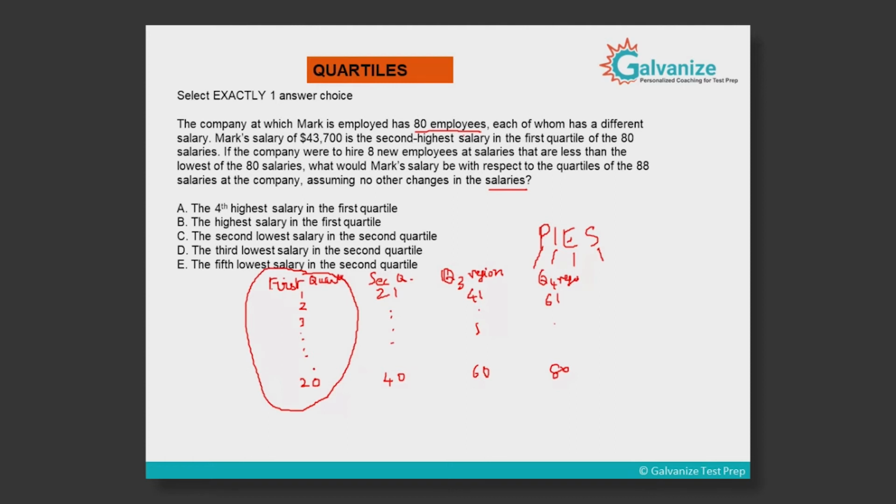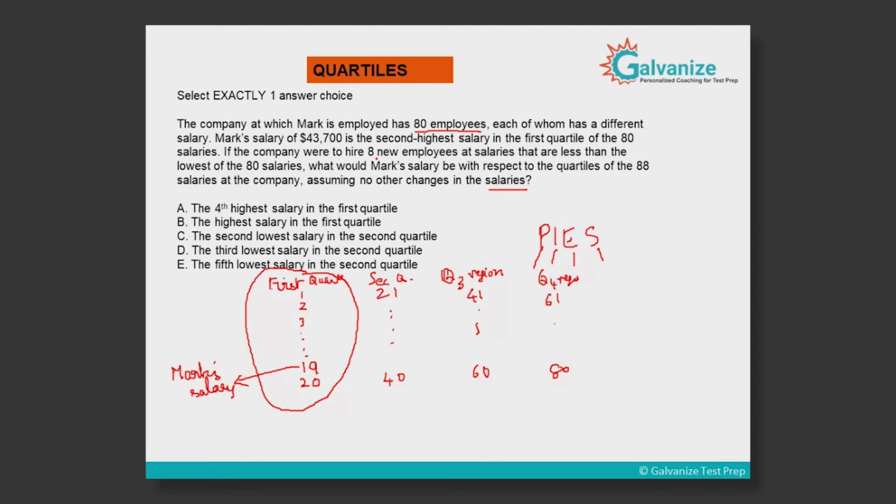The second highest salary will be the 19th salary. So according to the second statement, Mark's salary is the second highest salary in the first quartile. So Mark's salary position is here. Can you see that? It is the second highest salary in the first quartile. Done.